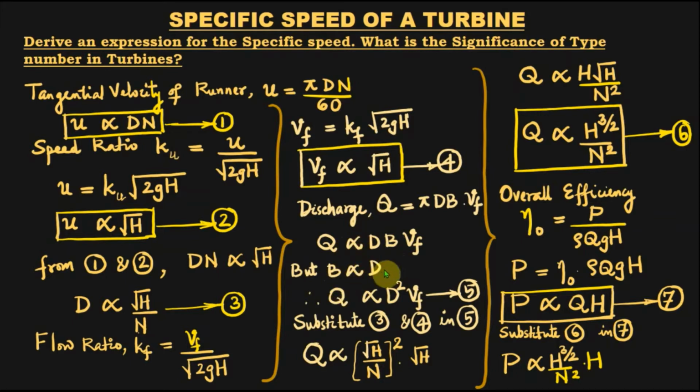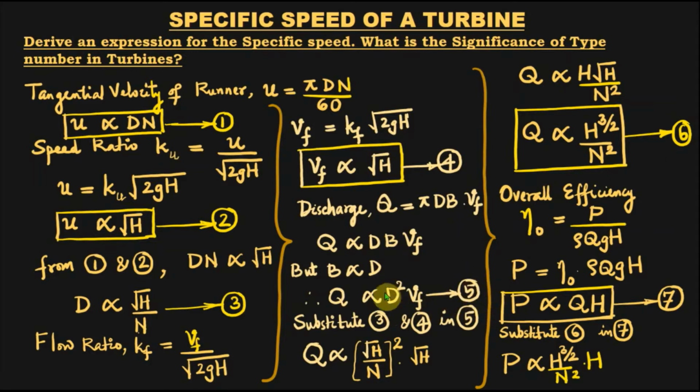So B is proportional to D. Therefore, in this expression for the discharge, in that proportion, I am going to replace the breadth or width of the runner by the diameter. So Q is proportional to D into, instead of breadth we have again diameter, so therefore diameter square into Vf. So Q is proportional to D square into Vf. Let it be equation number 5.